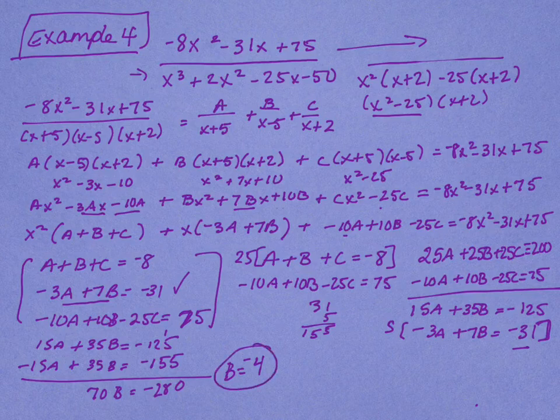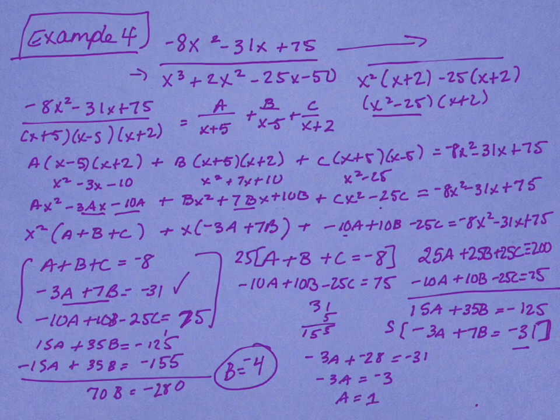And then go back to, we had -3A plus 7B is -31. So -3A plus 7 times -4, -28 equals -31. So let's see, -3A equals -3. So A is equal to 1.